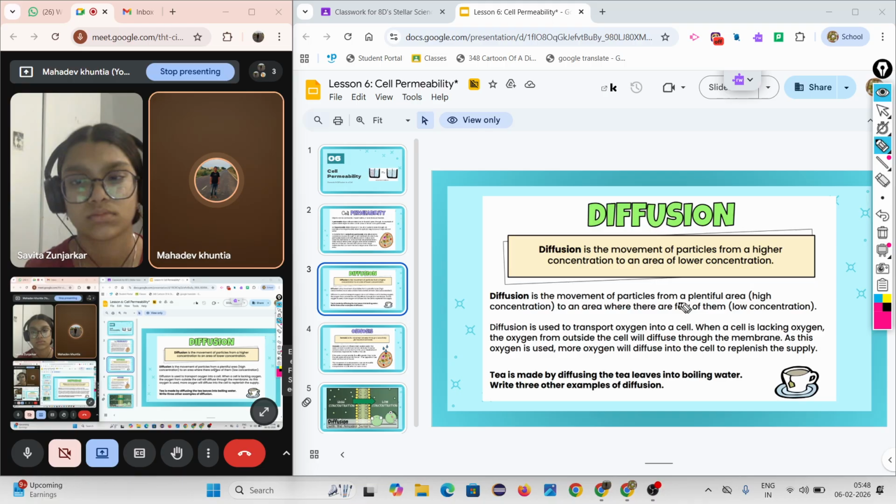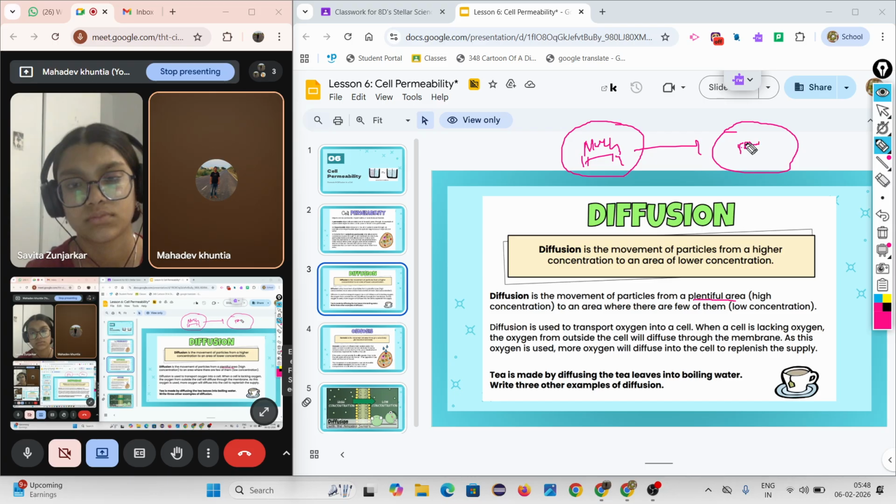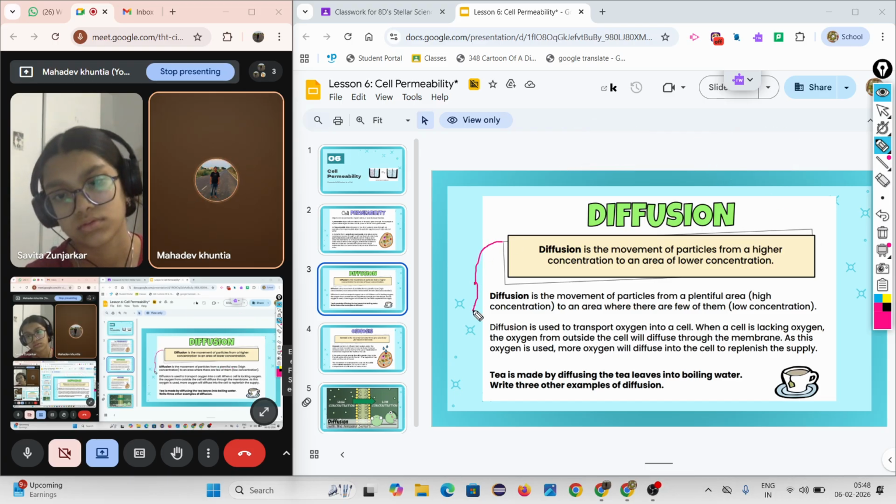Diffusion is the movement of particles from a plentiful area, otherwise you can say an area where particles are available in much quantity, to an area where there are few of them. Here the particles are high, and they move through to the area where the particles are few. You should remember these two definitions.